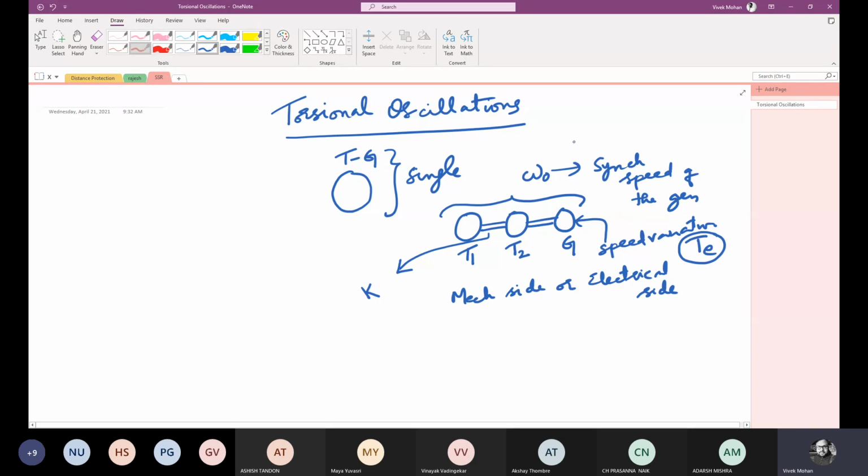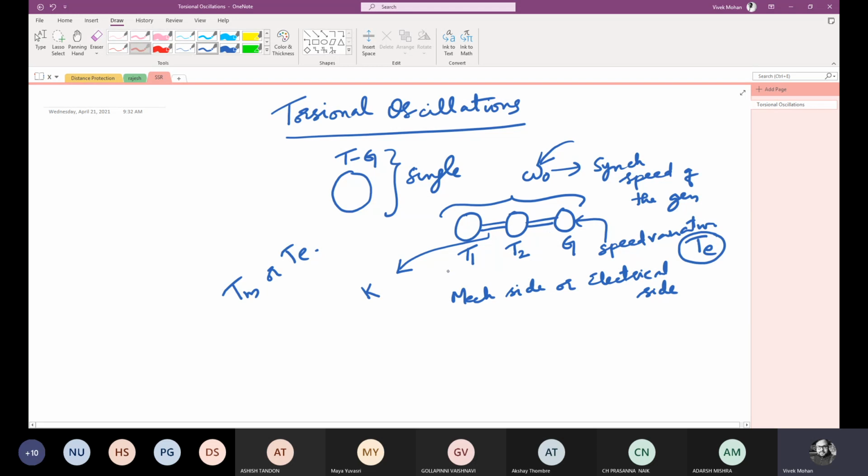So earlier in equilibrium condition, we had all the speeds constant at the synchronous speed of the generator. But whenever there is a disturbance either from the electrical side or from the mechanical side, that is either from Tm or Te, that may cause a momentary variation in speed, and this will affect the torsional character of the shaft. So it will have some amount of twisting. This is because of the different speeds of these masses.